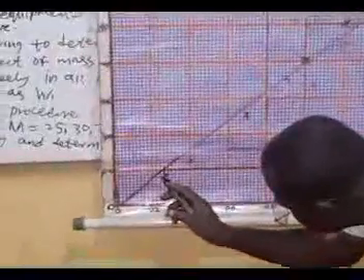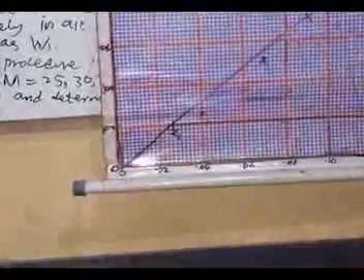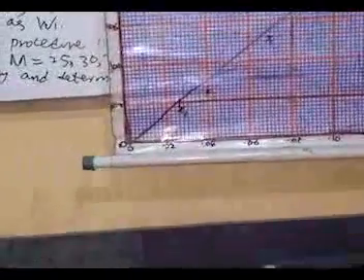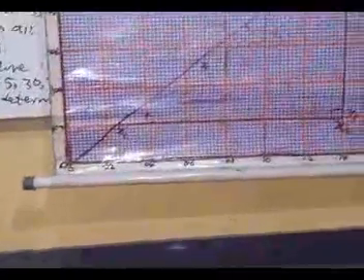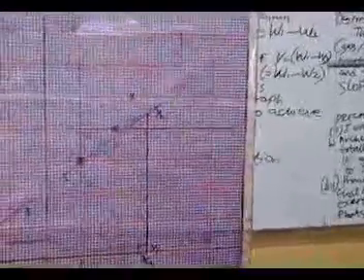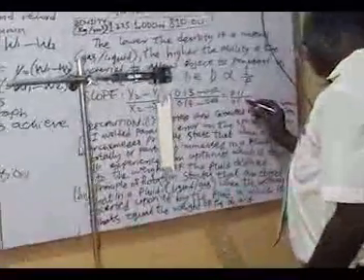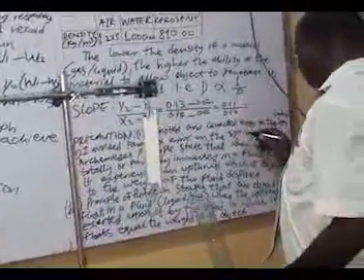Is it 3? No. It's in between 2 and 3. You can select any one of the two. 0.02. So this one gives us 0.11 divided by 0.12.